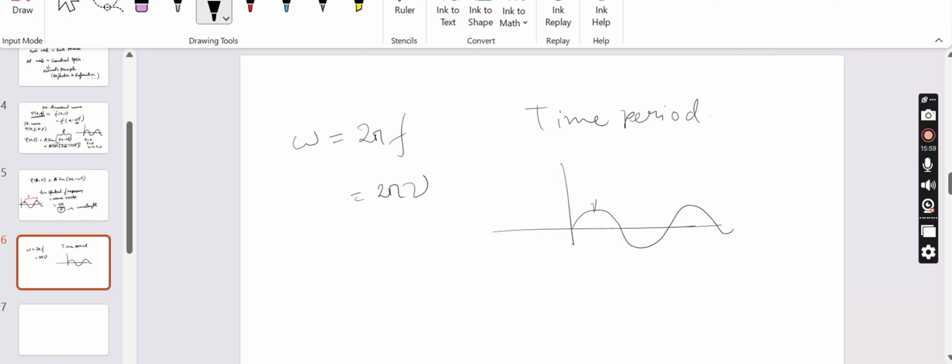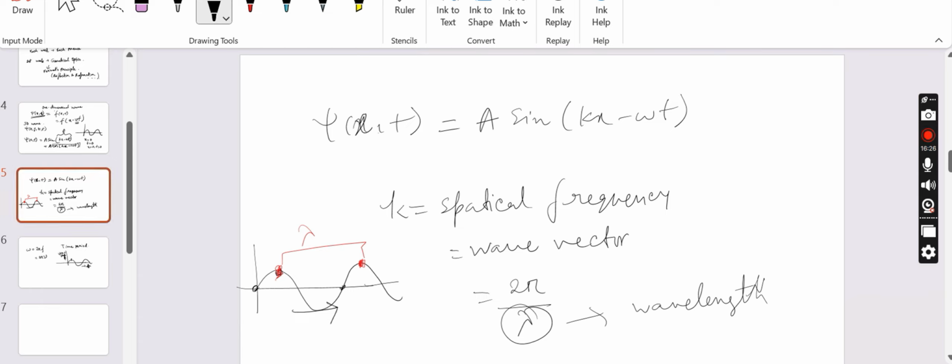Similar to wavelength, always remember when you are showing time period, the x-axis would be t and this will be the magnitude, or you can write psi xt, and here the x-axis will be the position and this would be psi xt.